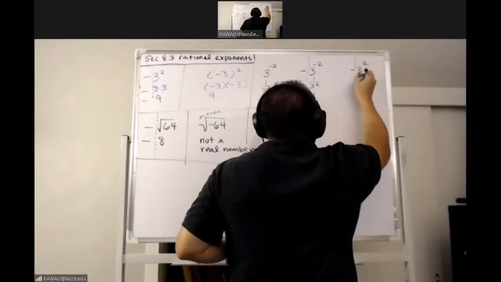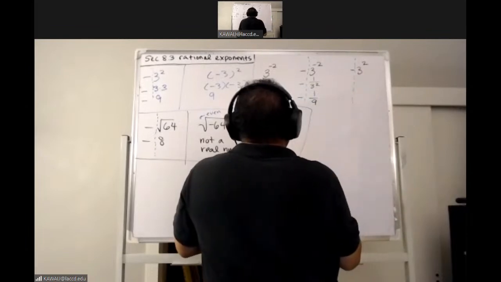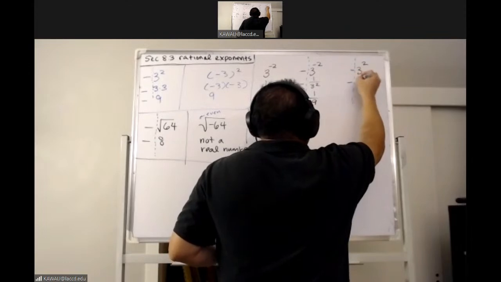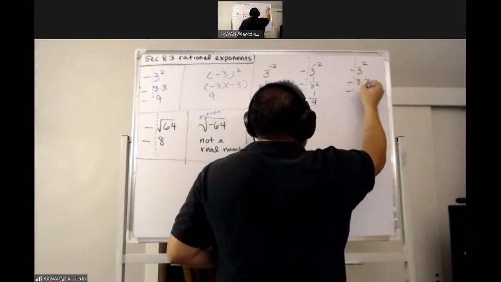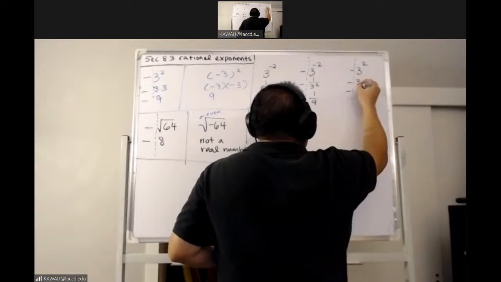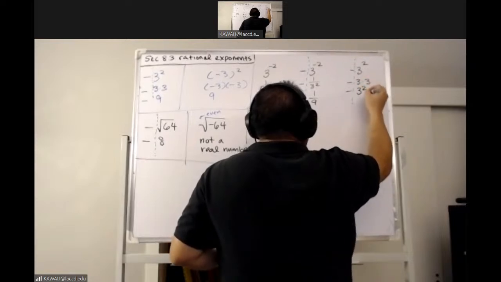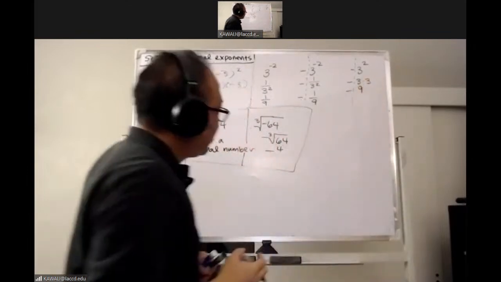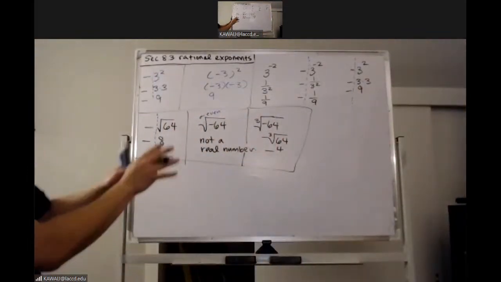This negative is not connected. Sometimes after you do this problem, you mix it with this problem. But remember, you only change levels when the exponent is negative, not when the base is negative, not when you have a negative in front of the base.